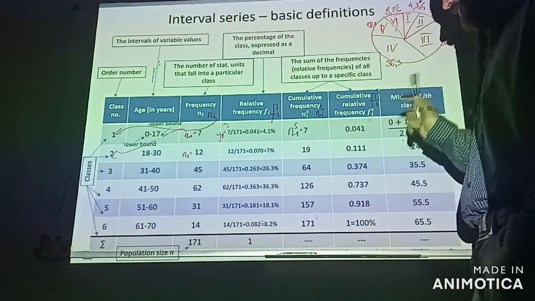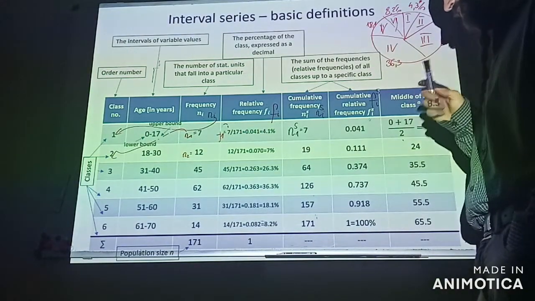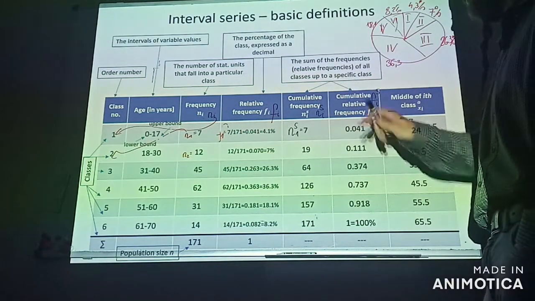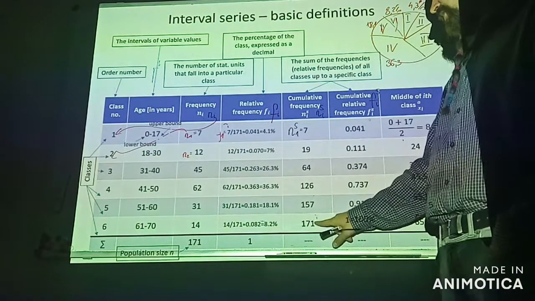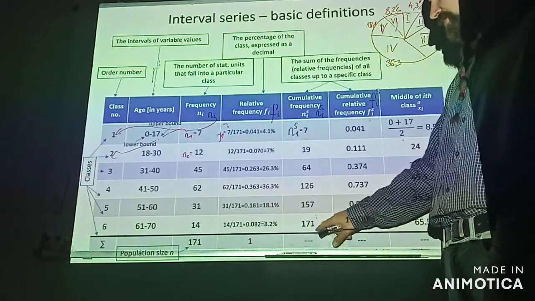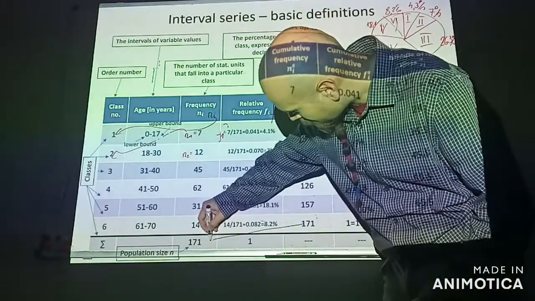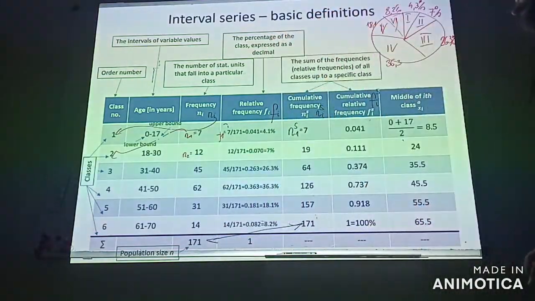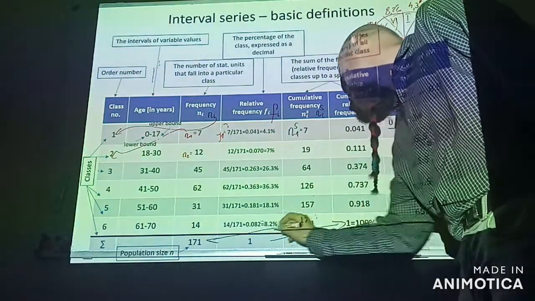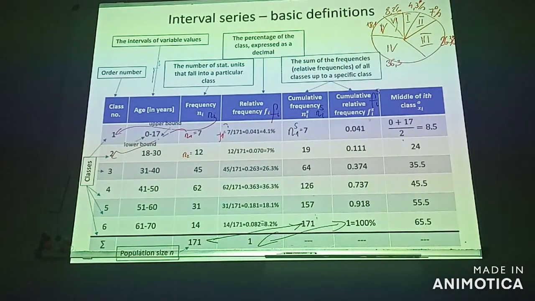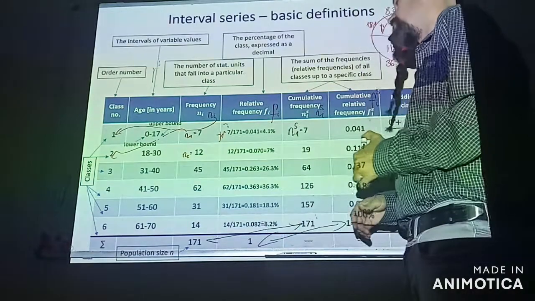A very interesting feature of cumulative frequency and cumulative relative frequency: the last cumulative frequency is always equal to the population size, and the last cumulative relative frequency is always equal to the sum of relative frequencies.